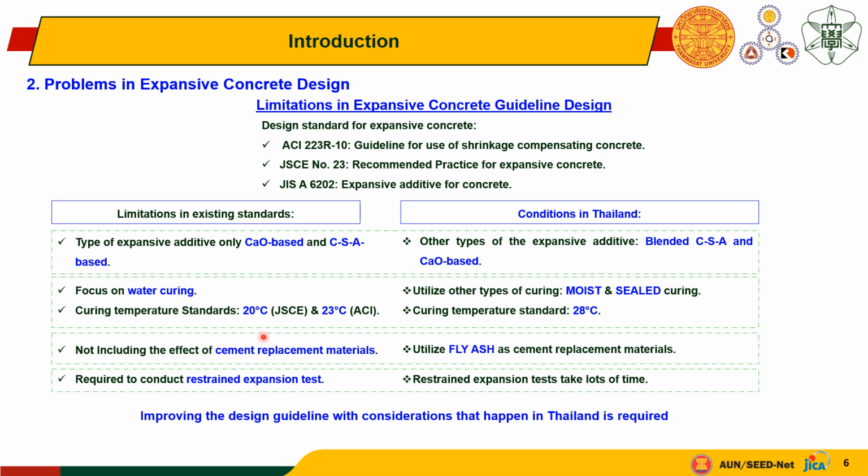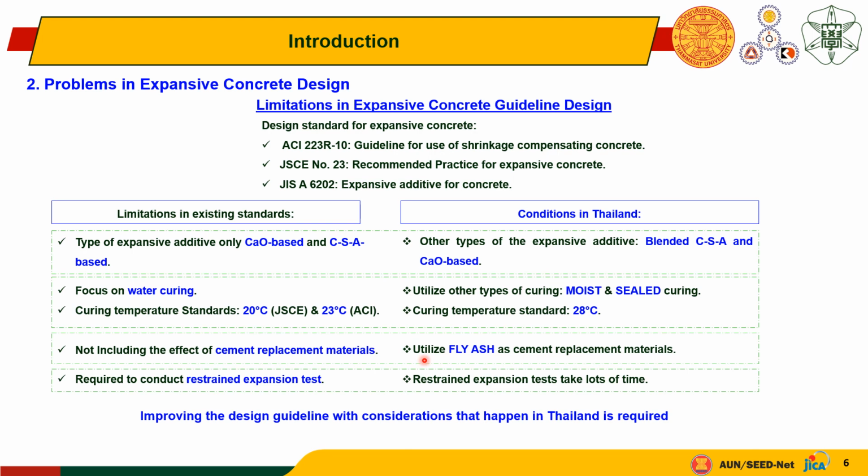standard is 20 degrees Celsius for JSCE and 23 degrees Celsius for ACI. However, in some conditions in Thailand, we utilize other types of curing such as moist and seal curing, and the curing temperature standard is 28 degrees. Also, the JIS standard does not include the effect of cement replacement material.